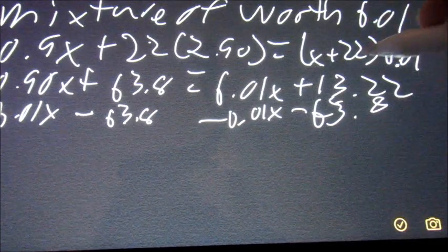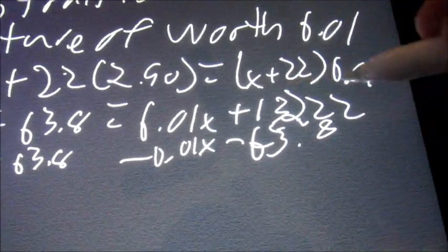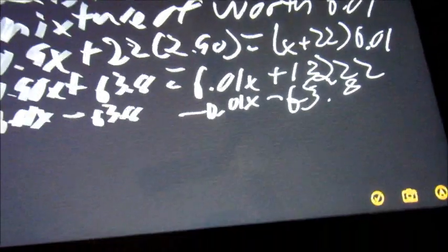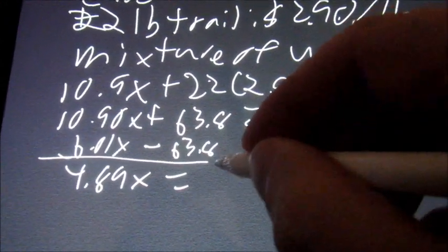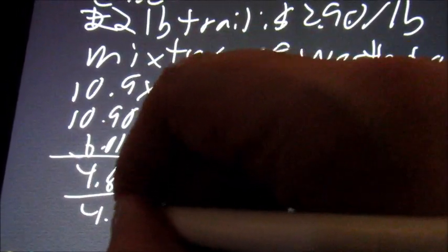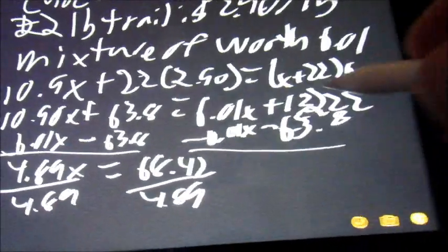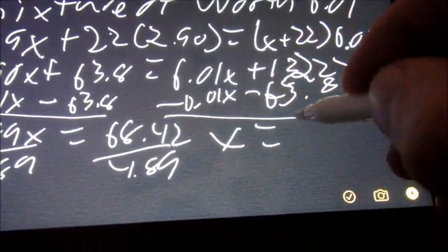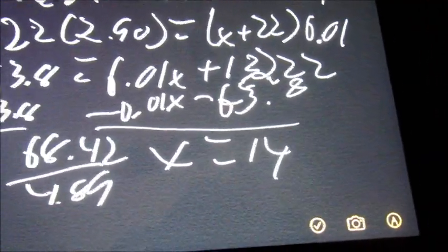This is 132.22 minus 63.8. And I'm going to get 4.89x equals 68.42. Divide both sides by 4.89. And I'm going to get that x equals 14 pounds of chocolate.